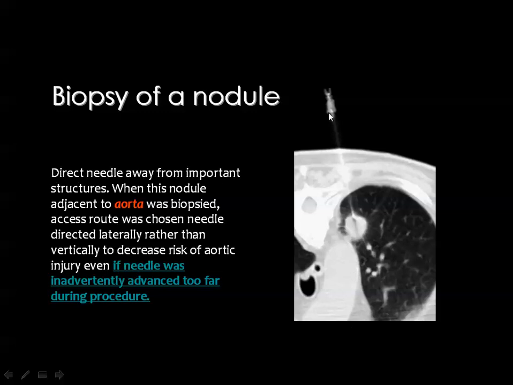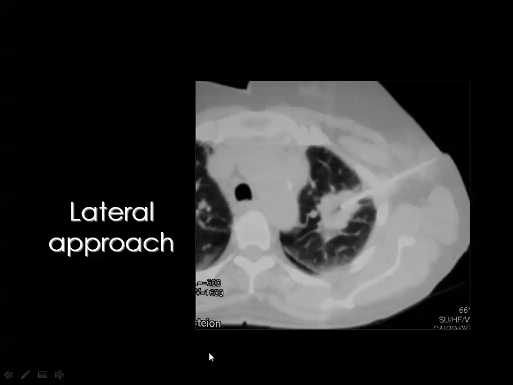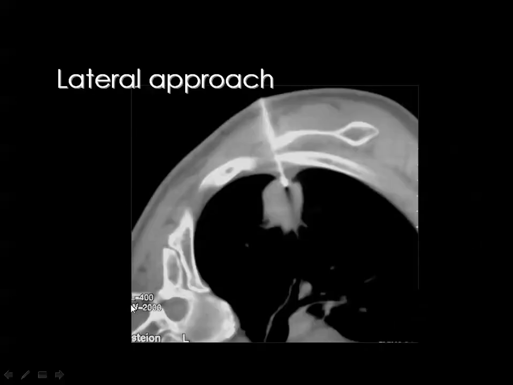Then it's better to align the lesion so that if you introduce the needle more than enough, it will not hit one of the major vascular structures. And sometimes we go from the lateral approach like this one, avoiding the vessels in the axilla as well, because this lesion is relatively nearer to the chest wall from the lateral approach than from the anterior or the posterior approach.